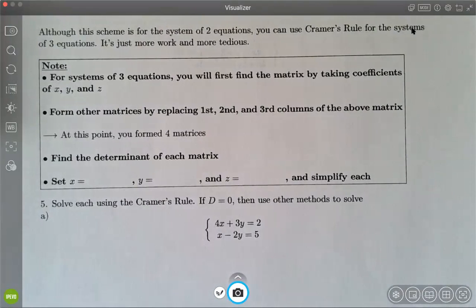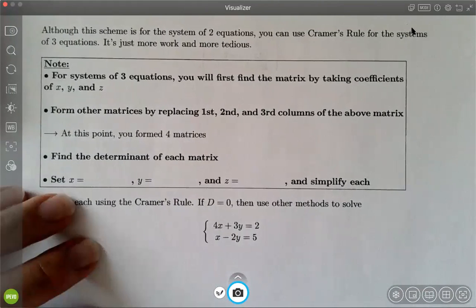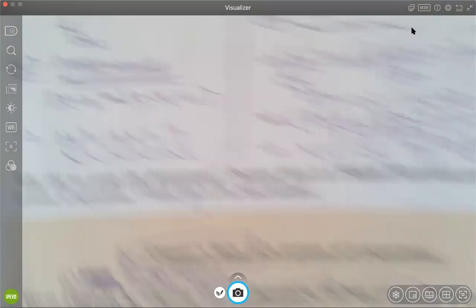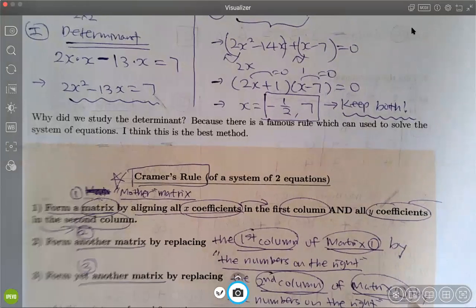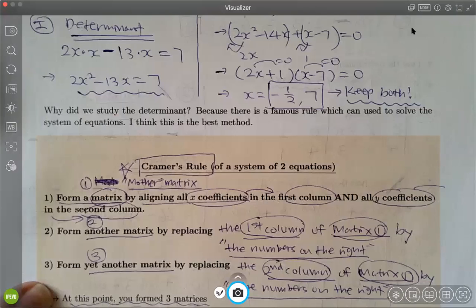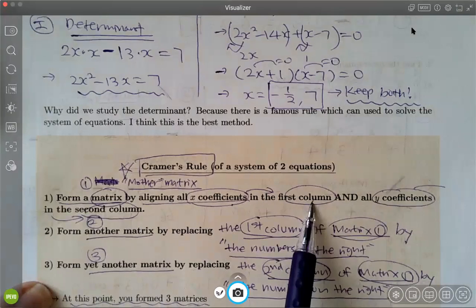So here are a few remarks. For systems of 3 equations, remember we always have to find the parent matrix or the mother matrix. Now, here, remember we will see another letter z. So what does that mean? X coefficients will go to the first column. That stays the same. Y coefficients go to the second column.